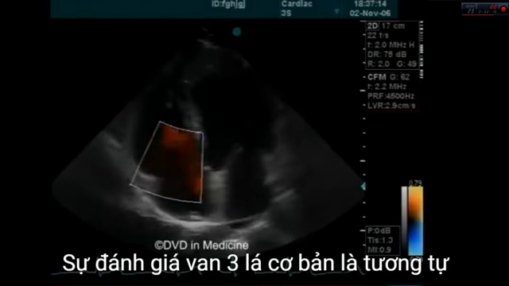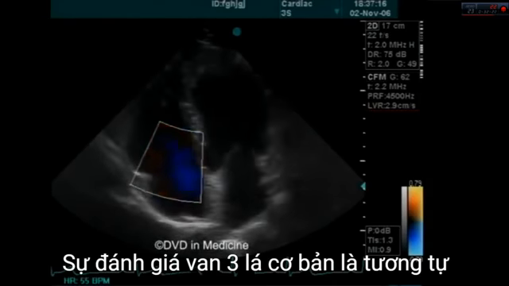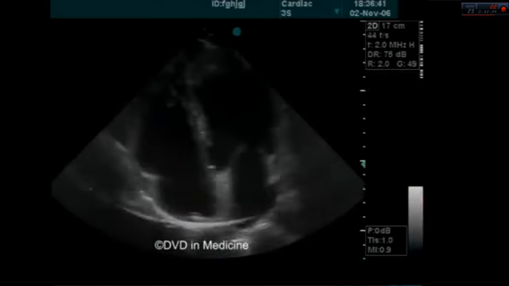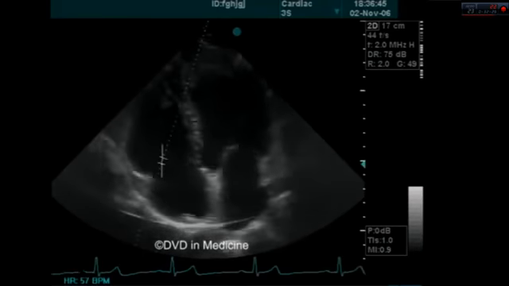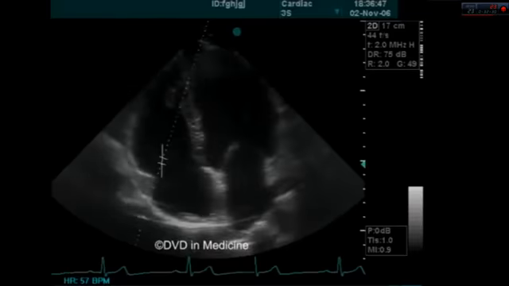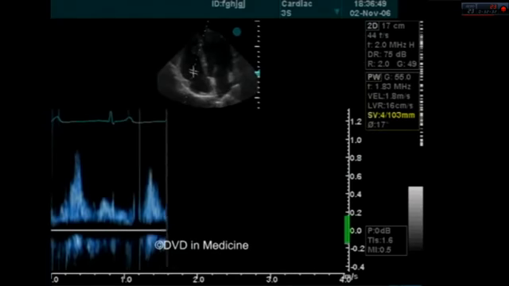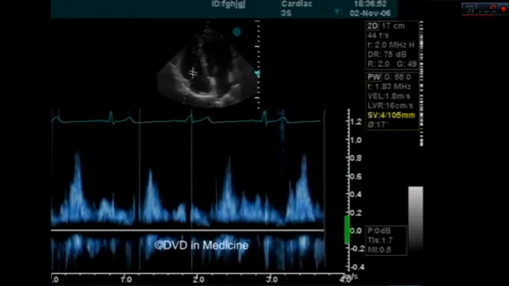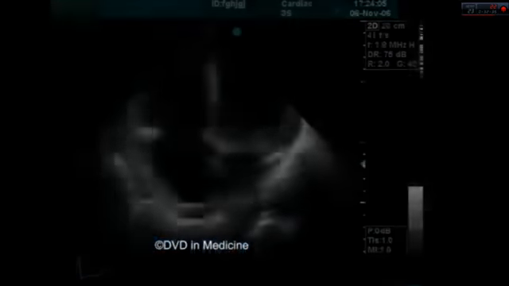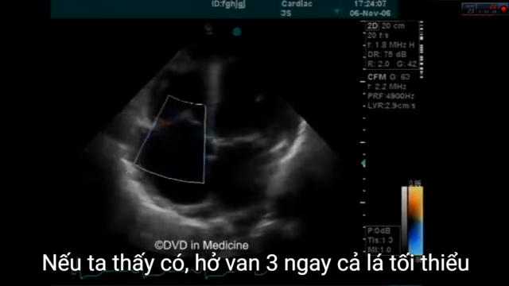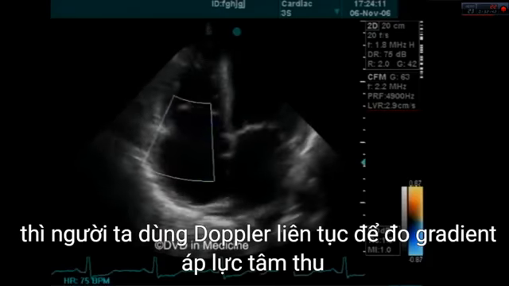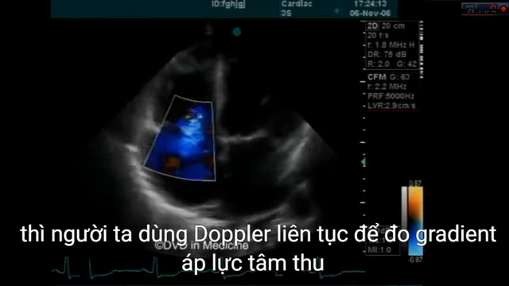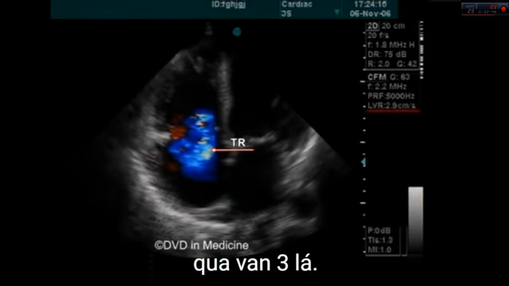The assessment of the tricuspid valve is essentially the same. If one has revealed even minimal tricuspid regurgitation, one should use continuous wave Doppler for measuring the systolic pressure gradient through the tricuspid valve.